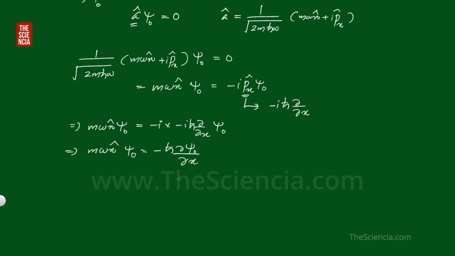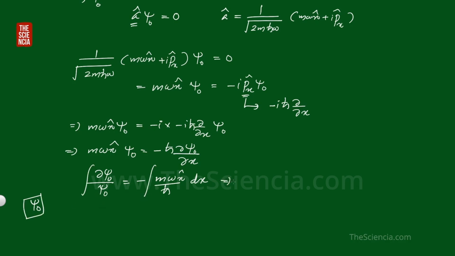Now I am going to rewrite this expression in a variable separable form, that is dou psi 0 by psi 0 is equal to minus m omega x cap by h cross into dx. So our aim is to find out psi 0, right? So we have to integrate this function.